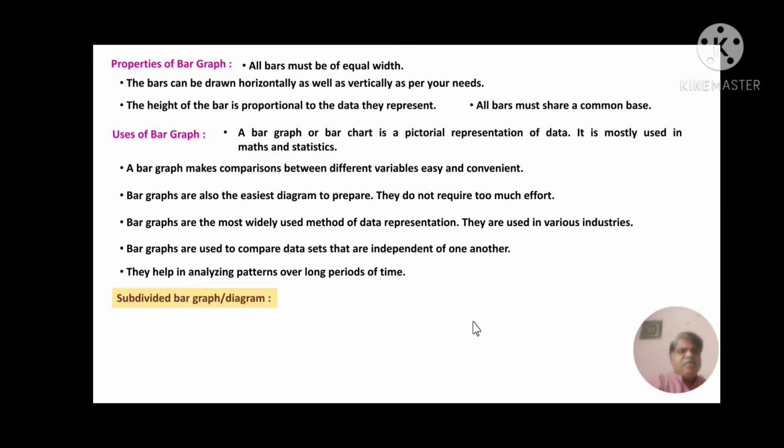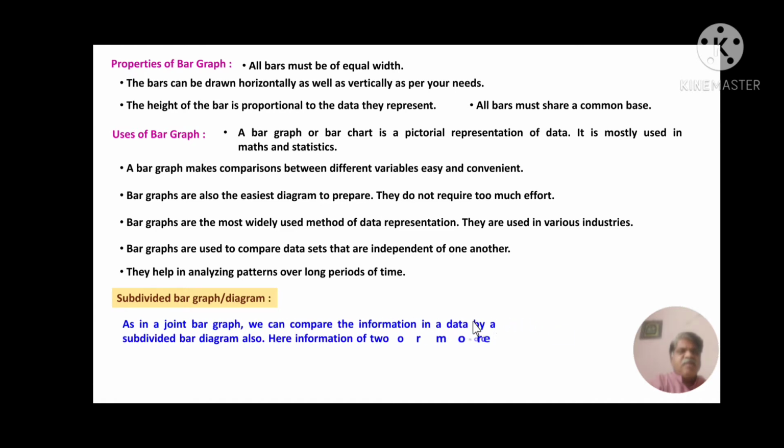Now, subdivided bar graph. As in a joint bar graph, we can compare the information in data by a subdivided bar diagram also. Here, information of two or more constituents is shown by parts of a single bar. We will see the steps for drawing a subdivided bar graph.